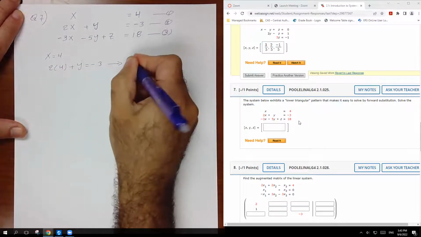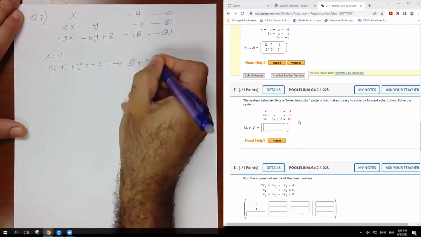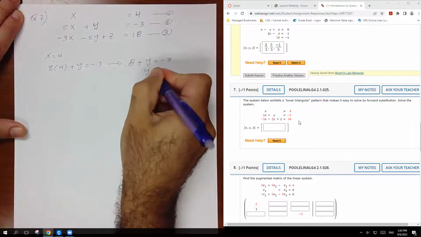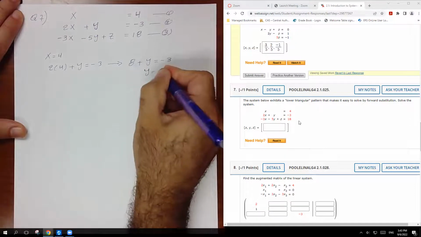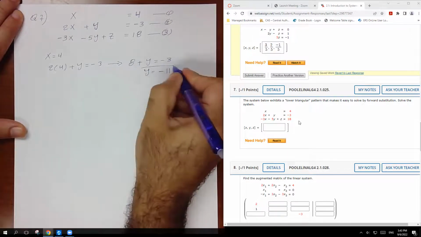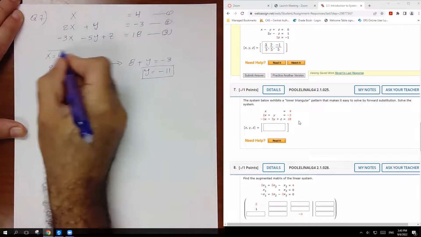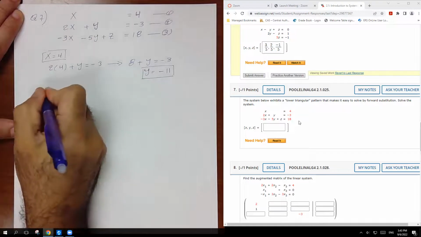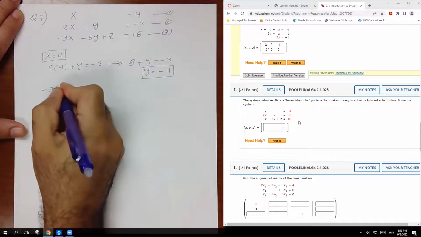That means 8 plus y is going to be equal negative 3. Move this one to the other side. So y is going to be equal negative 11. Here's the value of y. I already have x. Plug in x and y into the third one. So it's going to be negative 3 times x, which is 4.